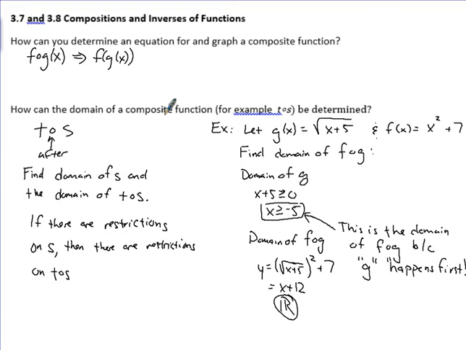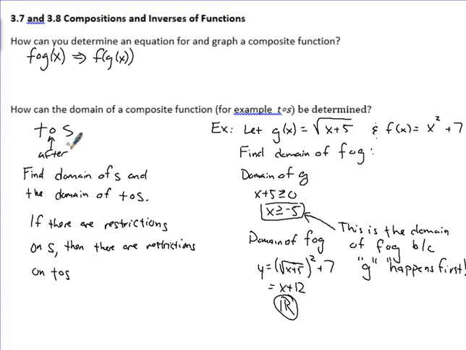So the domain of the composite function, this is where things tend to get a little tricky. How do we determine domains of composite functions? Over here I've got an example: let's say we're doing t after we do s. That means we have to find the domain of s first and see if there are any restrictions on it.